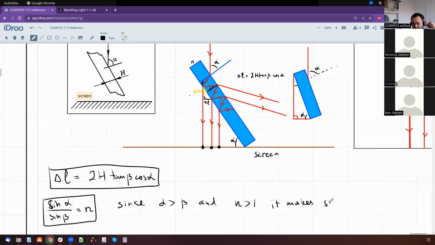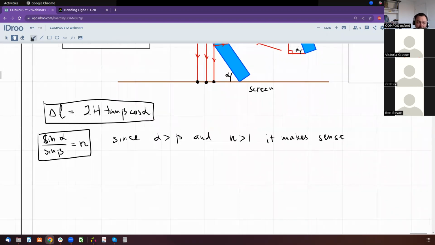That's a shortcut. Because writing n1 sine theta 1 equals n2 sine theta 2 is usually a mouthful. It's very easy to get confused. So in simple scenarios, when you have just one refraction, you could just use the GCSE version of Snell's law. So I hope that makes sense.